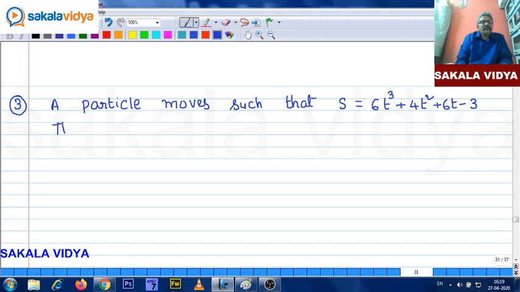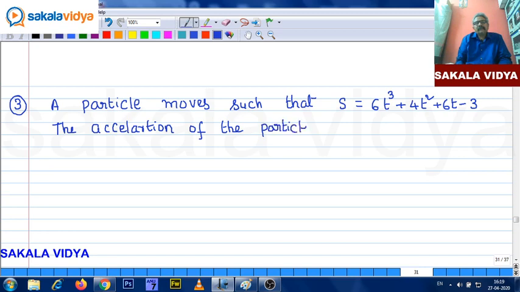The acceleration of the particle when t is equal to 3 seconds is.